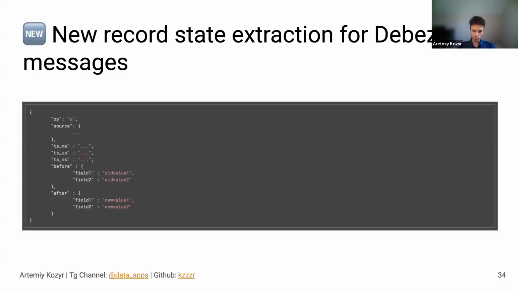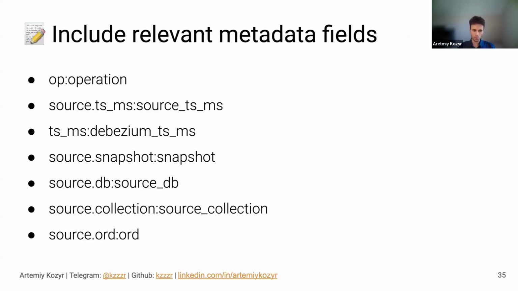This can be applied with the properties file, and I would recommend you include relevant metadata fields. So you would end up with the after state, but also include essential Debezium metadata. I name it, so it's about an operation, whether it was a create, update, delete operation. You would want to capture source timestamp, so the timestamp when the operation occurred in the source database.